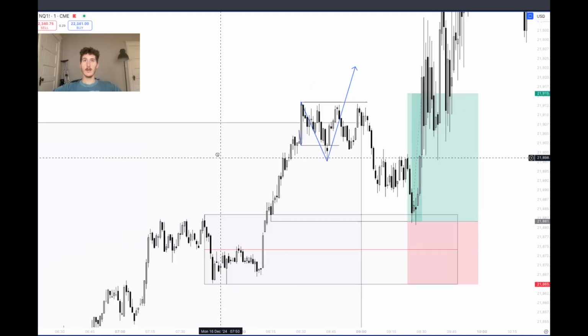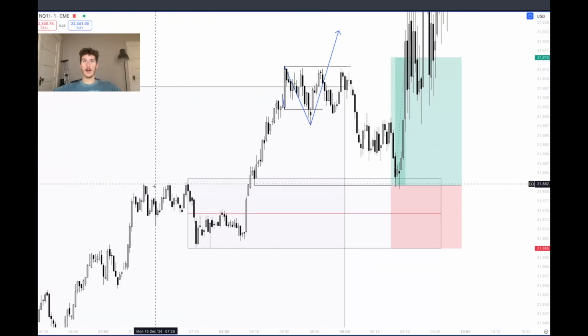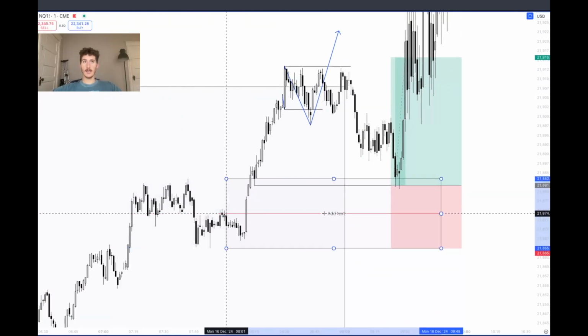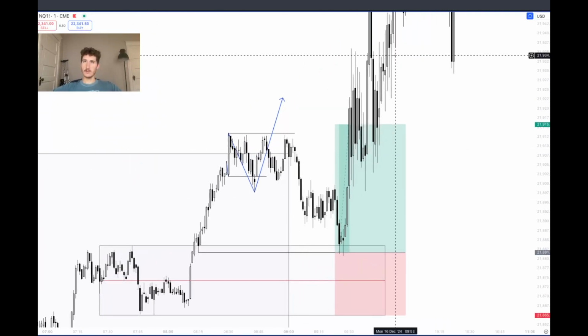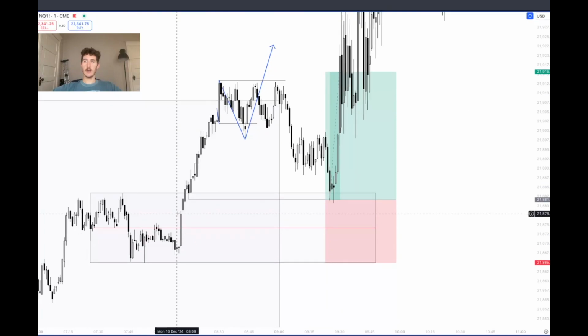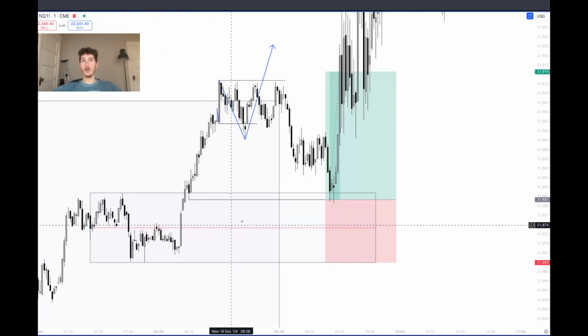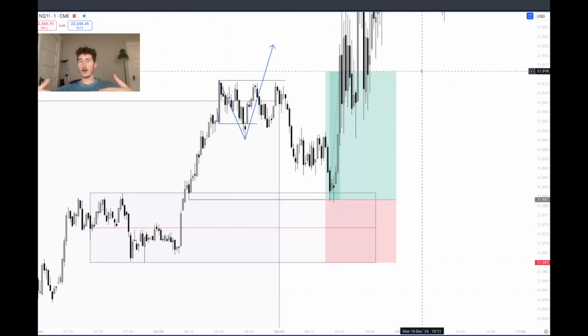Currently, structure says on the 1 minute that our only swing is right here. Our last swing is right here, and market structure is still bullish. This supply and demand zone, the SNDR, was responsible for breaking structure or continuing structural swings on the higher time frame, the 15-minute in this instance.